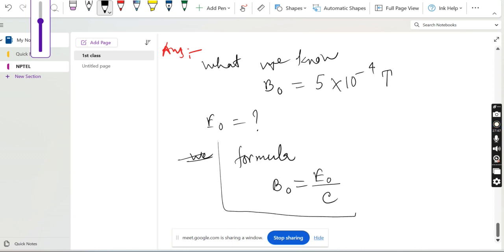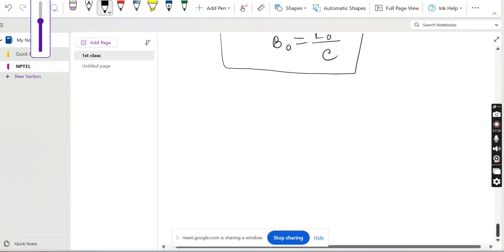So this is the formula for the relation between the strength of the magnetic field and the electric field. Please remember this formula. So we know what B naught is, so E naught will be B naught into C.